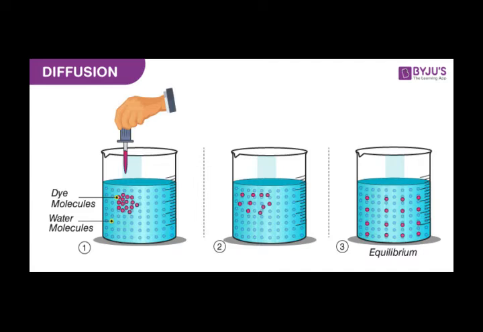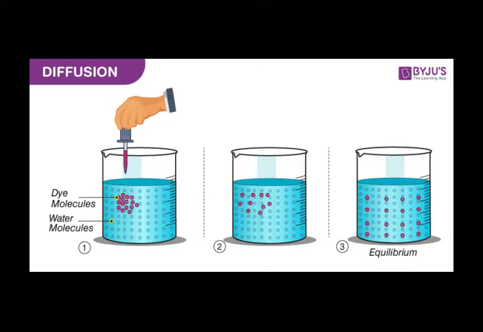Or you can say diffusion is the free movement of molecules of a substance from the region of their higher concentration to the region of lower concentration when the two are in direct contact. This is what we call diffusion.